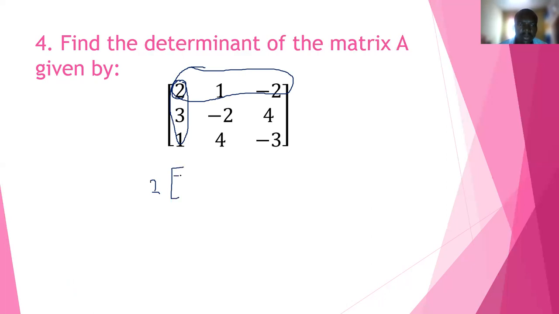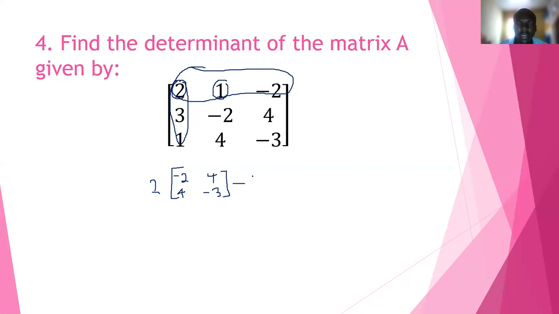So it will be 2, negative 2, 4, negative 3. The sign here is positive, and this side will be negative. We go to this one now.